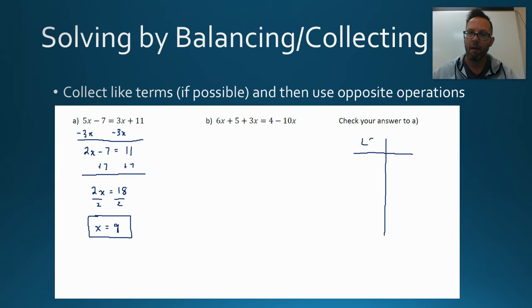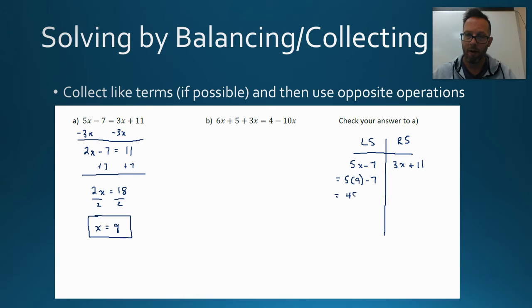So left side, right side. What's on the left side of our equation? 5x minus 7. So on the right side, 3x plus 11. Again, we're not resolving it. We're checking what the value is when we plug in 9 on both sides. So what happens when we plug in 9? We get 5 times 9, subtract 7.